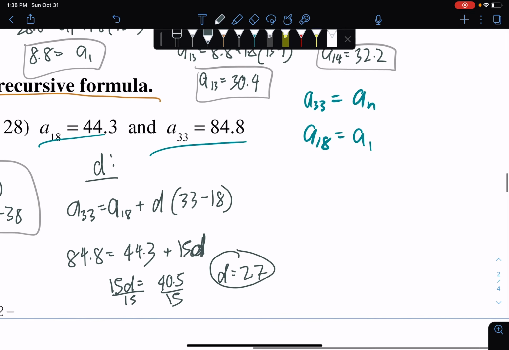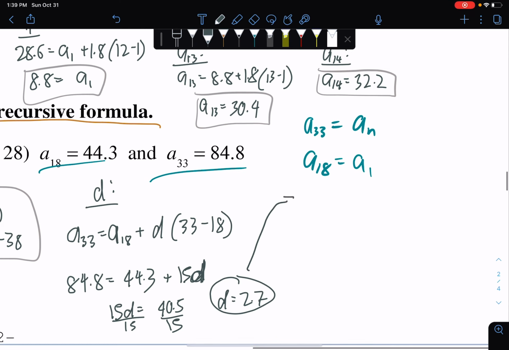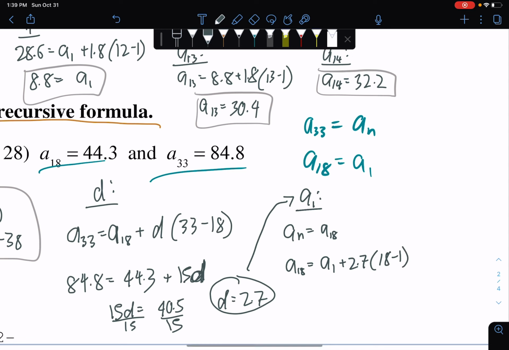Okay, so now that we know the common difference, let's find a sub 1. Assuming that a sub n is equal to a sub 18, a sub 18 is equal to a sub 1 plus 2.7 times the quantity 18 minus 1, whereas our a sub 18 is 44.3.